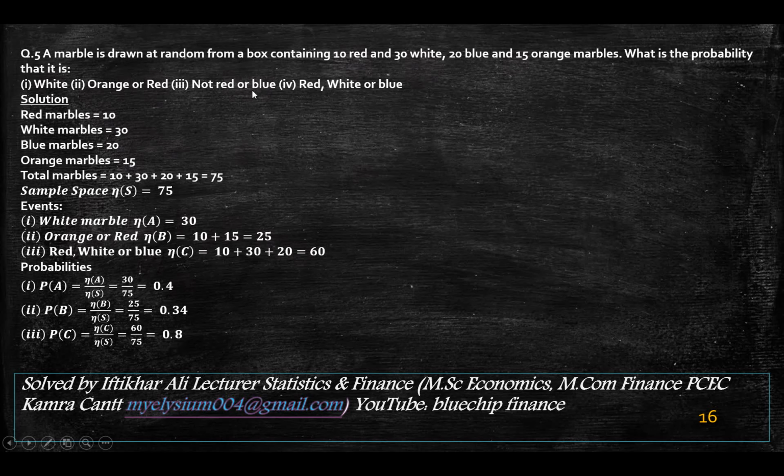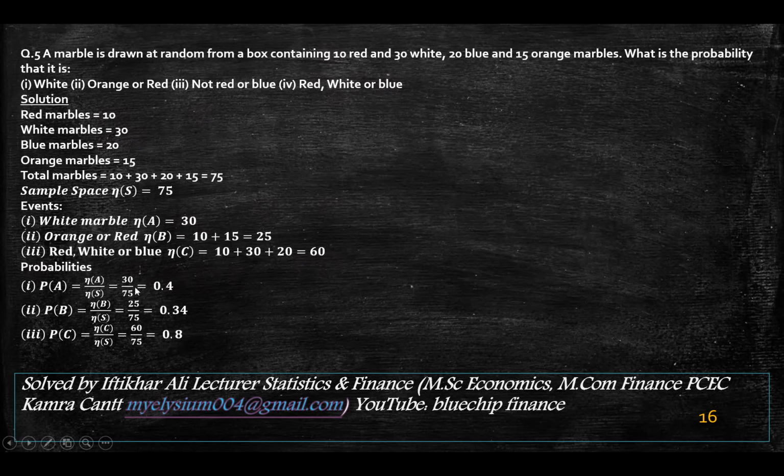One is missing here, but simple: not red or blue will be 30 and 15, 45. So that will be event C, but here it is not given. Number 4 is red, white or blue. Red 10, white 30 and blue 20. So 30 plus 20 plus 10, that will be 60.